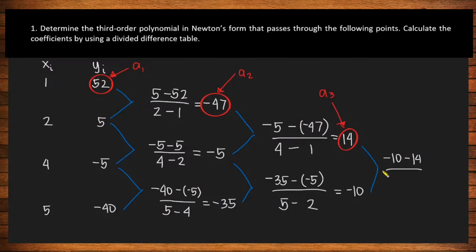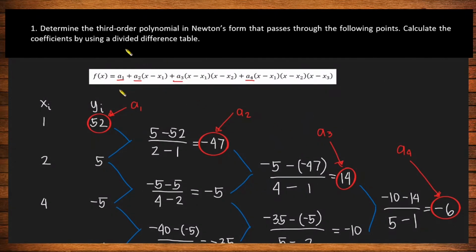So, same pa rin yung gagawin nyo, iti-trace nyo lang hanggang makarating kayo doon sa first column. So, this will be 5 minus 1. Therefore, this will be equal to negative 6. Okay? So, ito na ngayon yung value ng fourth coefficient a sub 4 natin.